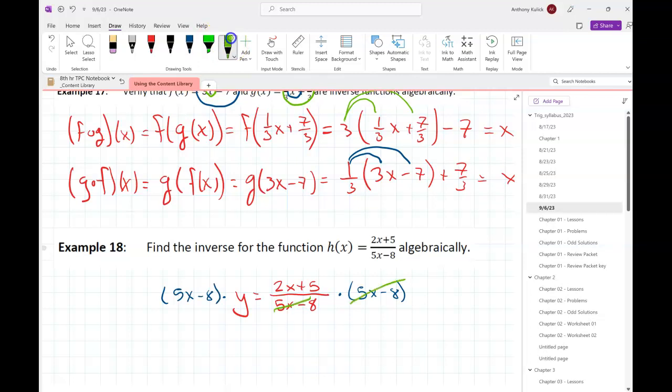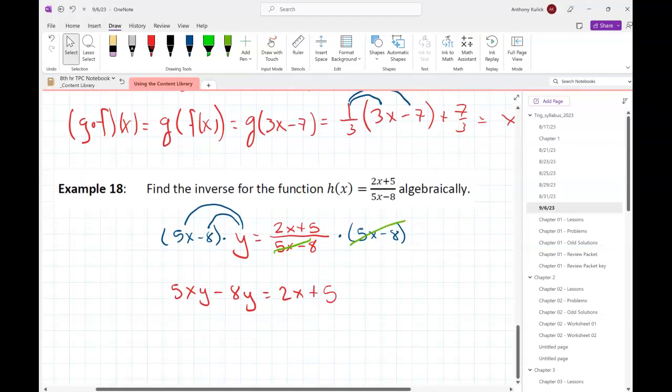So when I multiply that to the right side, the 5x minus 8s cancel out. And on the left side, we're just going to distribute the y through. So far, so good.